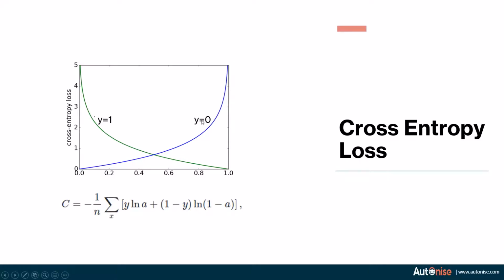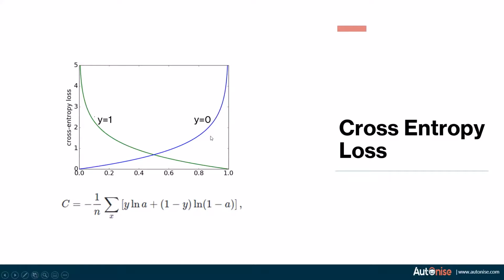When our target is equal to 0 and our model predicts a value of 1, that means the output of the model is very far away from what it actually should have predicted. Then you can see the loss value tends to a very large value. So this sounds good.